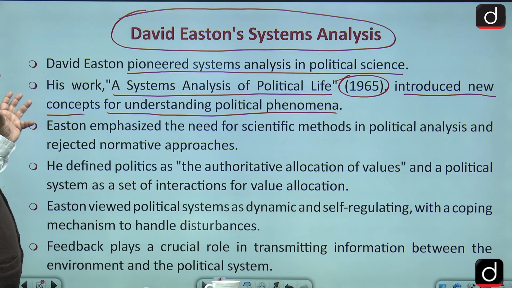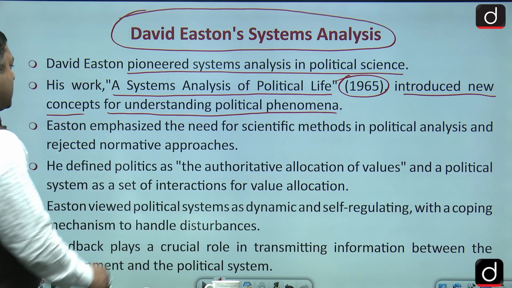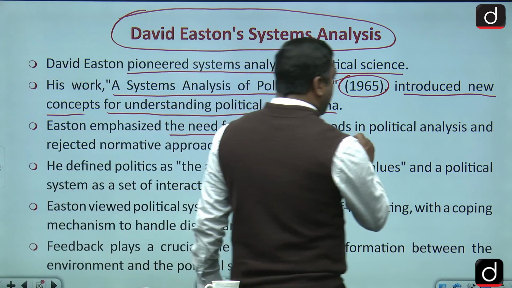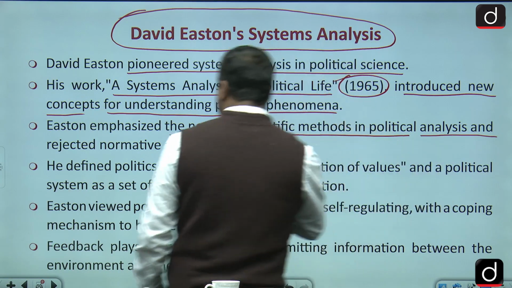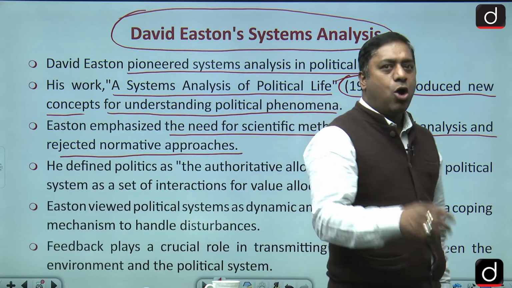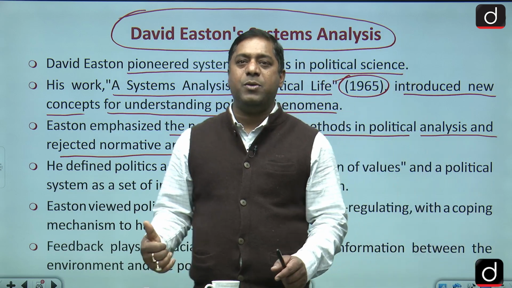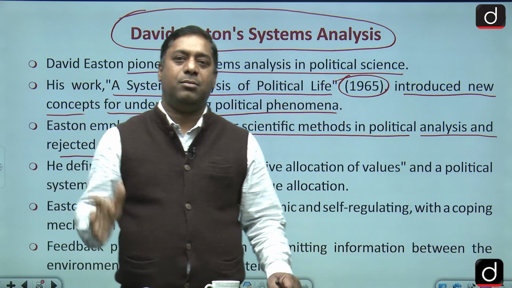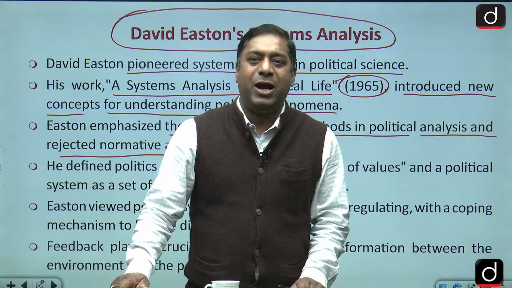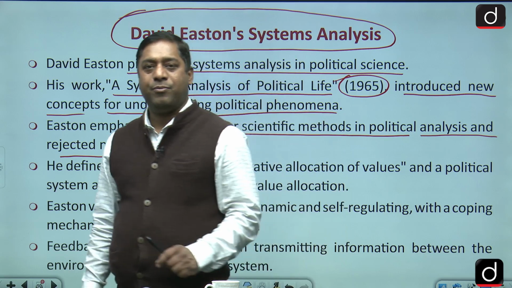Now, what does he say about this new concept? He lays emphasis on the need for scientific method in political analysis and rejected the normative approach. See, normative is where there is rule of thumb, where there are assumptions.